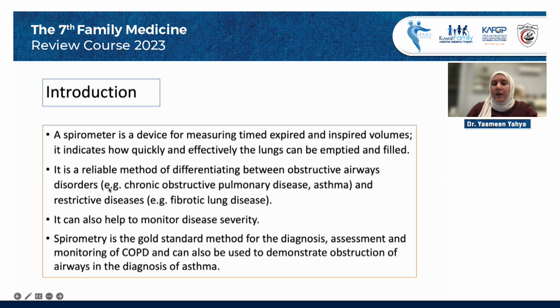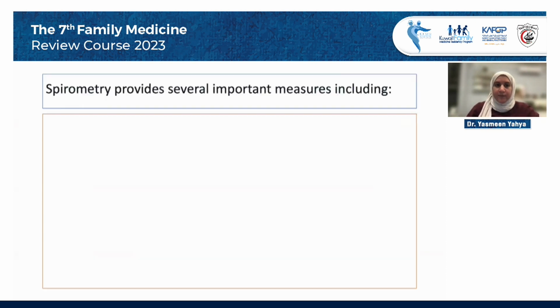It's a reliable method to differentiate between the obstructive airway disorders like COPD and asthma, and the restrictive lung diseases like, for example, fibrotic lung diseases. It can also help you monitor the disease severity, and it's considered the gold standard for diagnosing and monitoring COPD, and it also helps in the diagnosis of asthma.